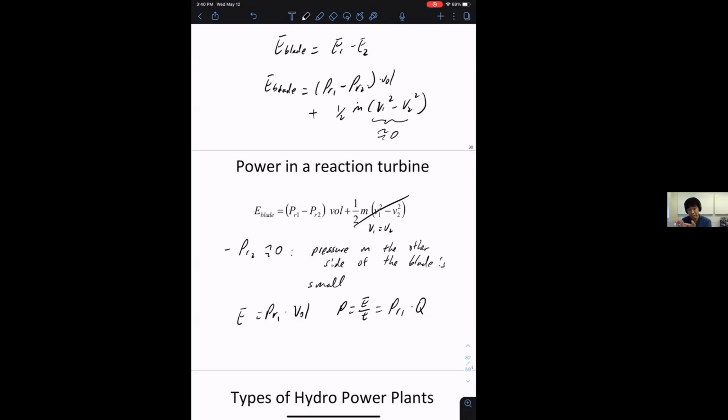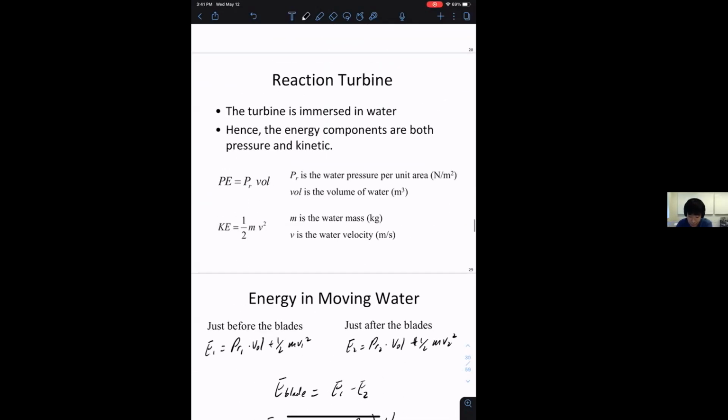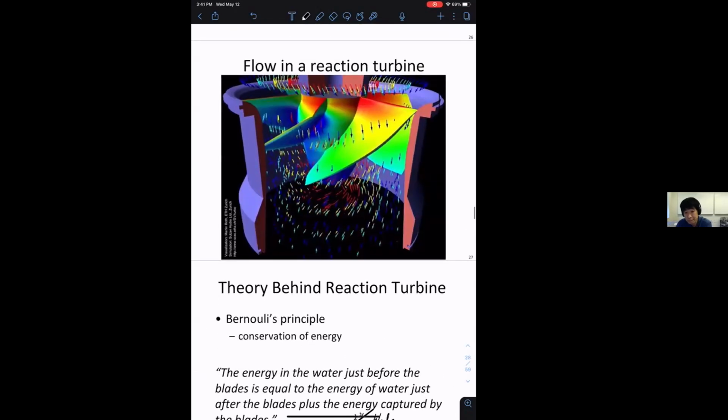So this is more of a conceptual equation than something we can plug numbers into. This is as far as we'll get. If you're interested in this kind of turbine design, you need to learn a lot more about fluid flow, and often it's done in simulation. We need to really simulate the flow in a reaction turbine.